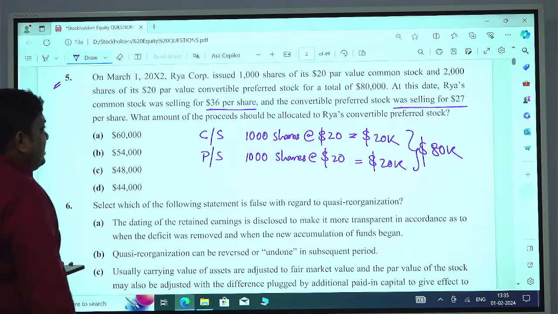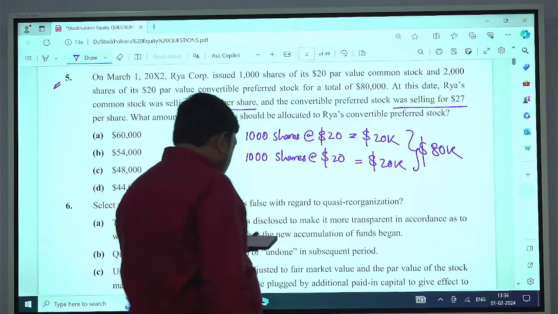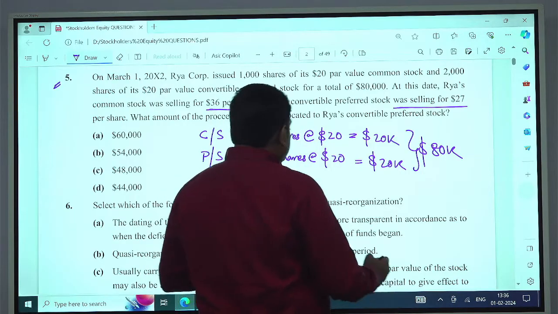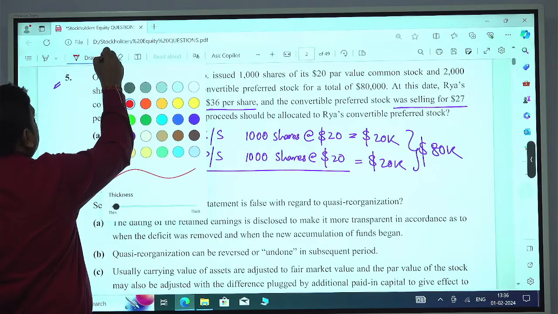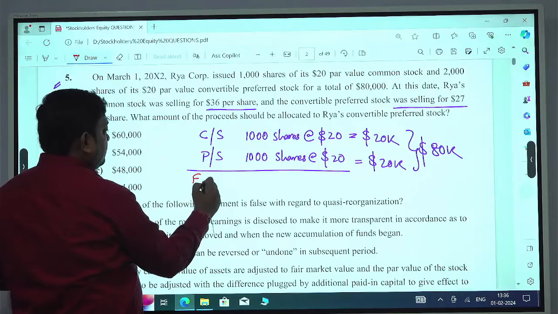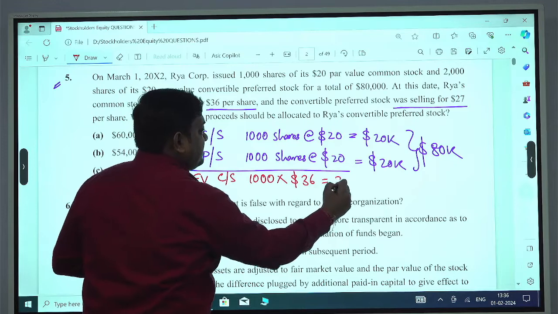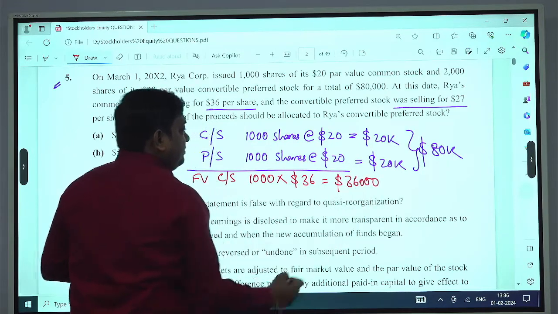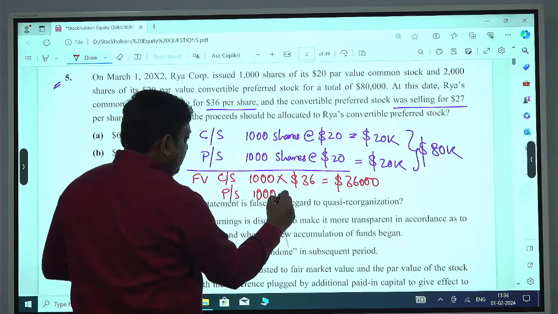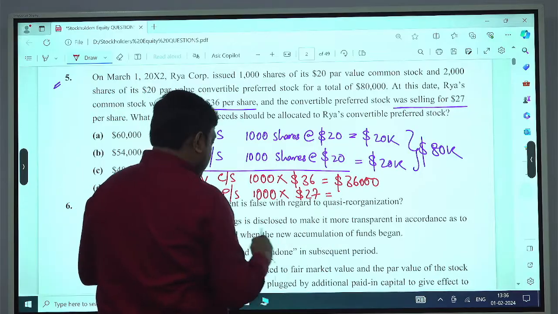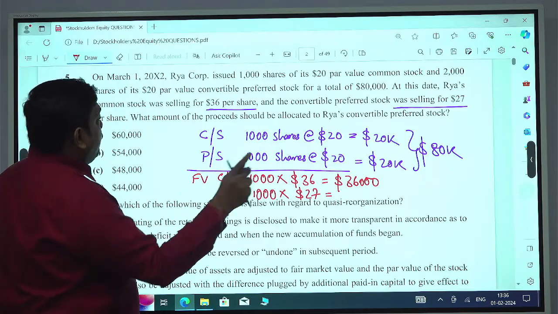So what is the fair value? If I calculate the fair value of common stock, 1,000 into $36, that is 36,000. Preferred stock, 1,000 into $27. Sorry, preferred stock is 2,000.